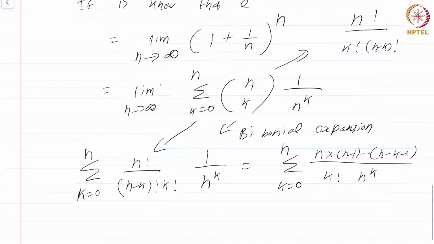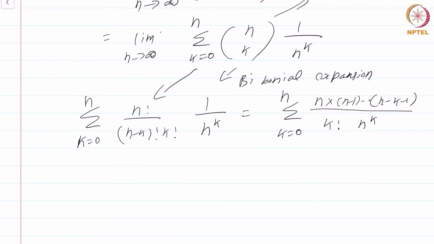Now observe that there are k terms here: n, n minus 1, all the way to n minus k plus 1. And in the denominator we have n power k.